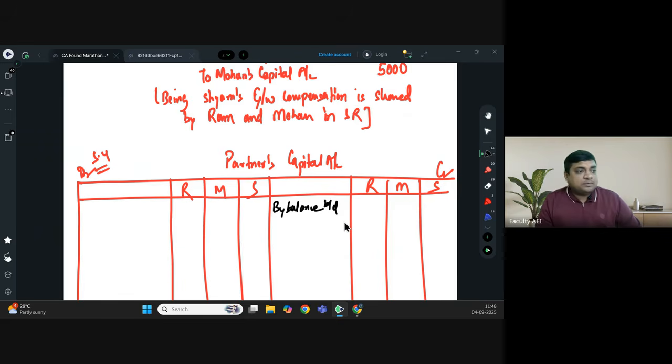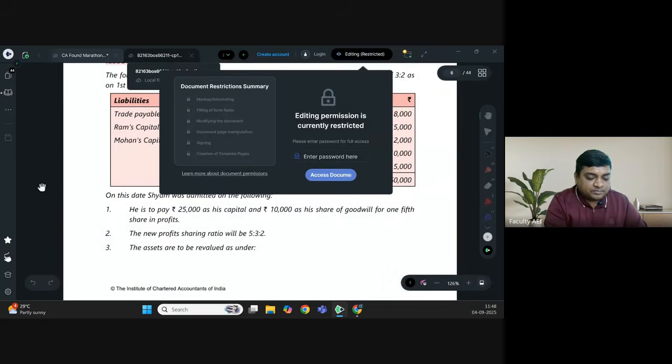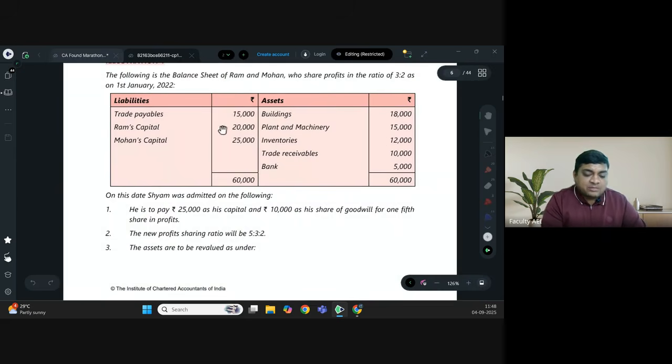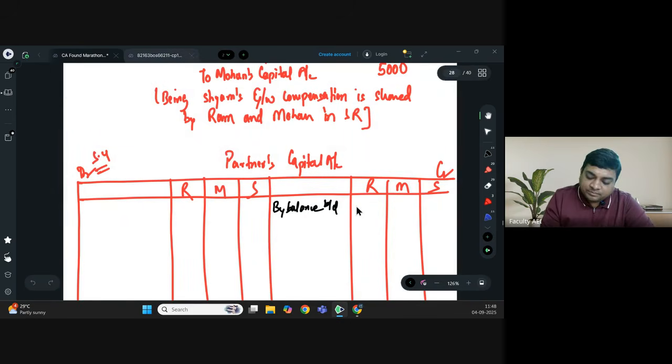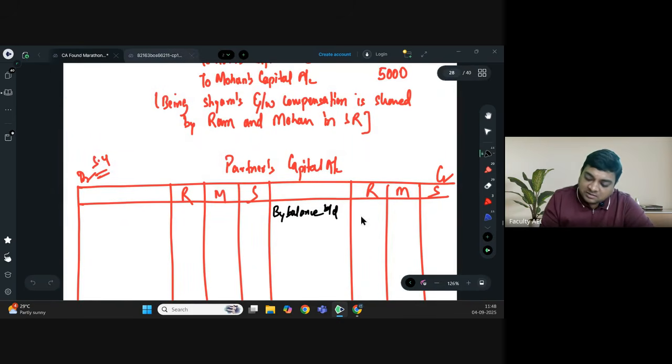By balance brought down. Right? Ram's capital is 20 and Shyam's capital is 25. This is 20 and this is 25. Right?